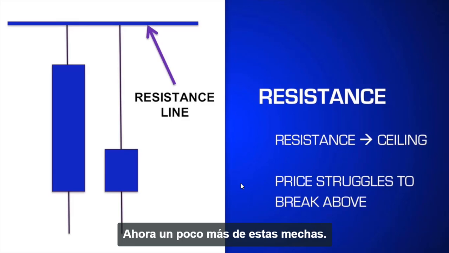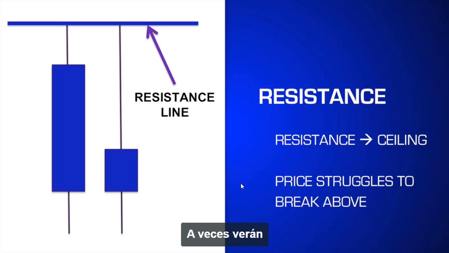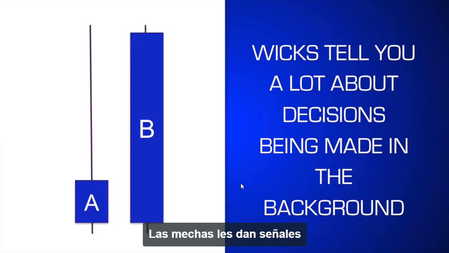Now, a little bit more about these wicks. They actually tell you a lot about decisions being made in the background. Sometimes you'll see really, really long wicks like you see in A, or sometimes you won't see hardly any wicks at all like you see in candlestick B. Wicks actually give you signs that the market is wanting to move in a certain direction.